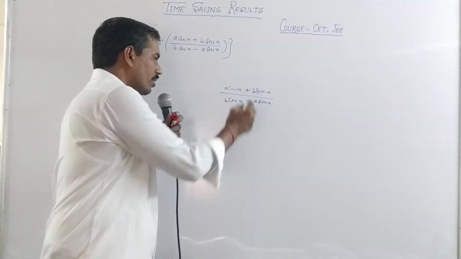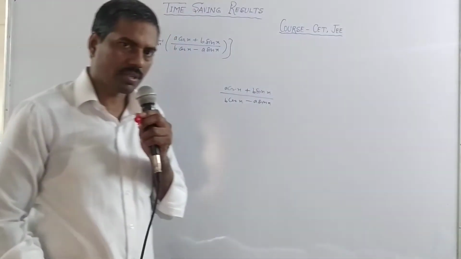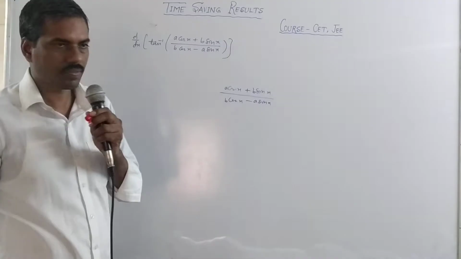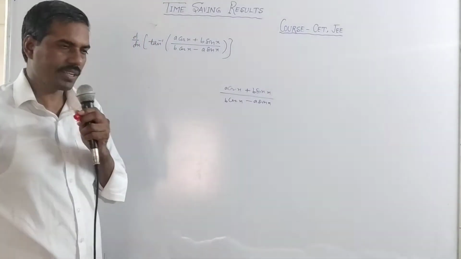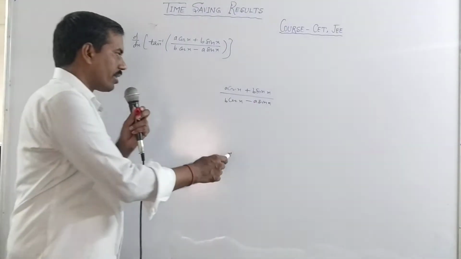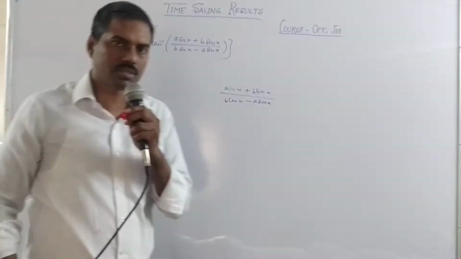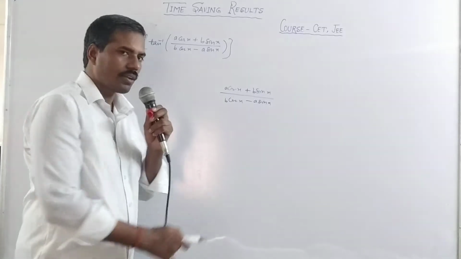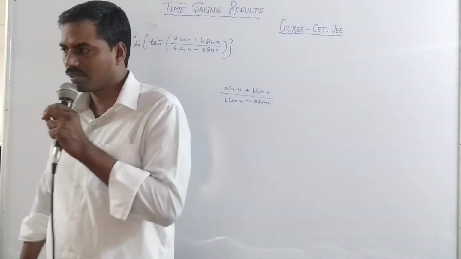If in the numerator we have a plus sign, we give the opposite sign, which is negative, in the denominator. In the numerator the coefficient of cos x is a and of sin x is b, and in the denominator the same numbers are exchanged with the trigonometric functions cos and sin. In this way, we can learn our time-saving result.